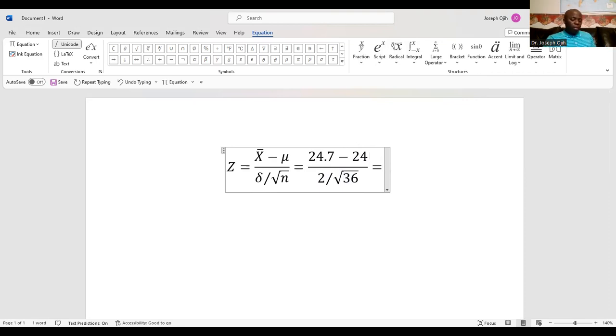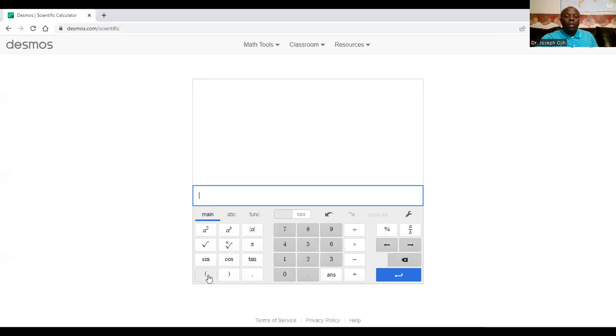So putting this together, let's go to the calculator and put this in. 24.7 minus 24 divided by standard deviation of 2 by square root of 36. 2.10 basically.